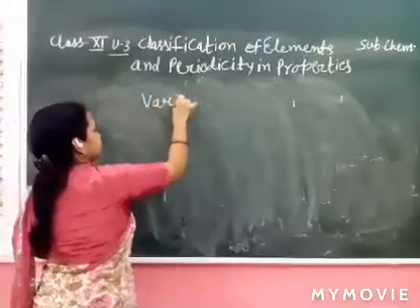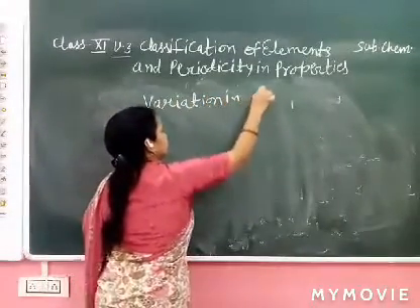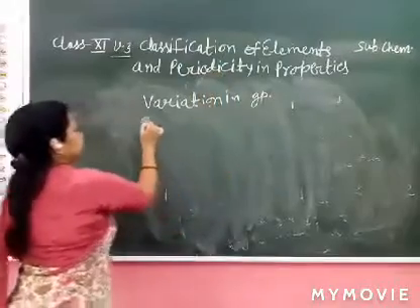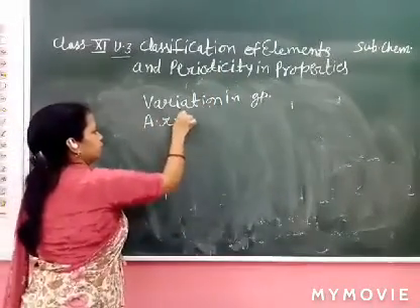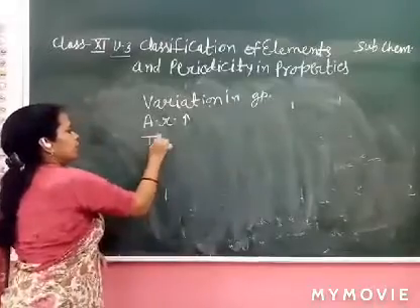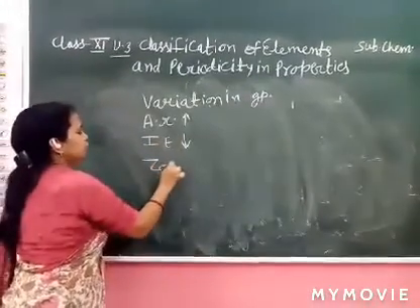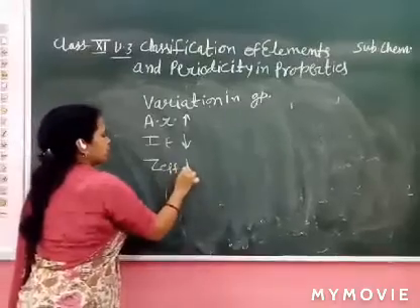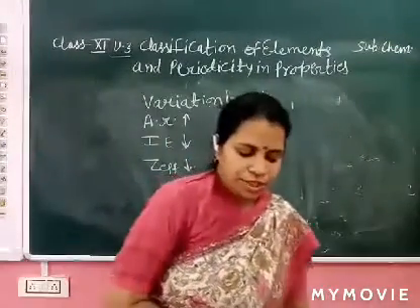Atomic radii increase in a group, and ionization enthalpy decreases in a group due to decreasing effective nuclear charge. This is the general trend.